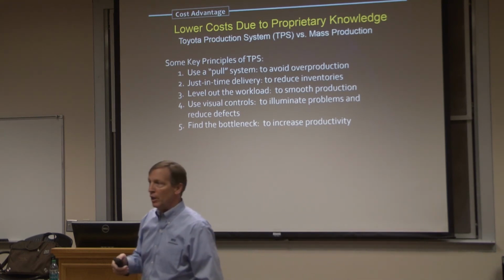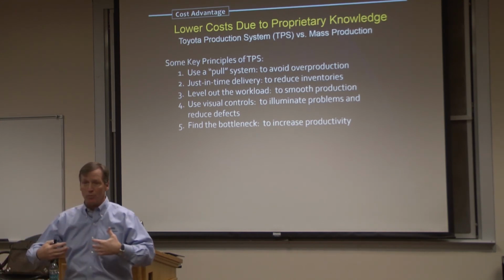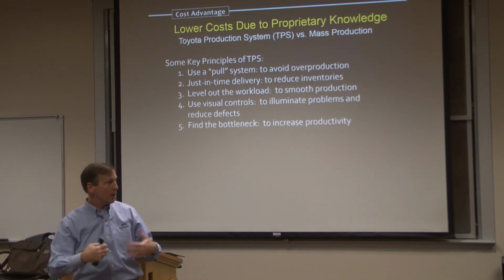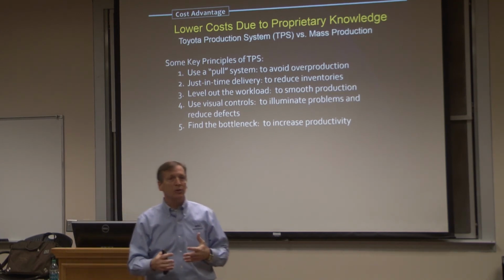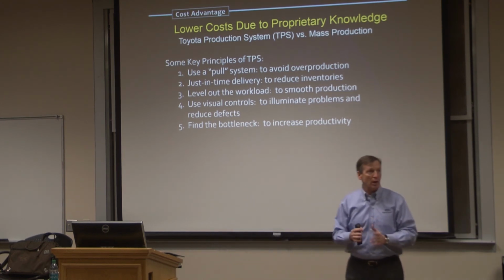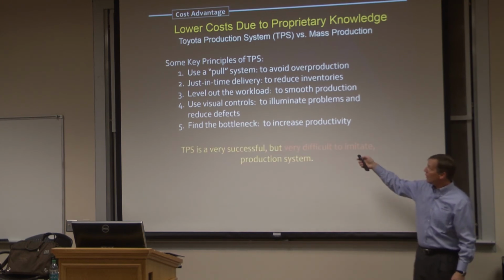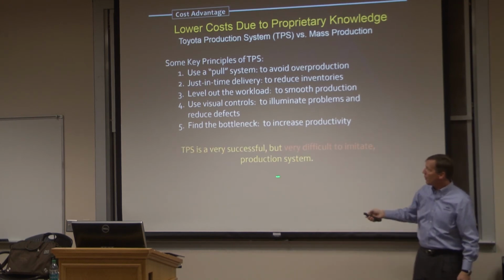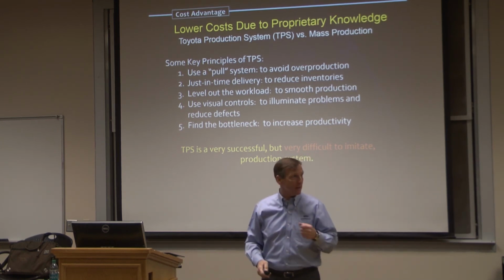So another way is that you develop some proprietary knowledge about how to produce a product or a service that others just can't figure out very easily. And we sort of mentioned this last time with Southwest, and I showed you that graphic about the Toyota production system. And they just have a variety of key principles, and it's been really successful over time because it's really hard to imitate.